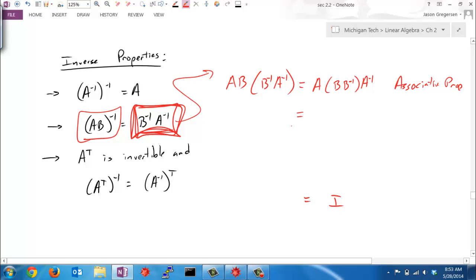Now I did that because I really want to take B times B inverse. Because when I take that, what do I get? I get identity. Why do I get identity? There's a reason for that. It's the definition of the inverse matrix. But this is the same thing as just this. Why is that?